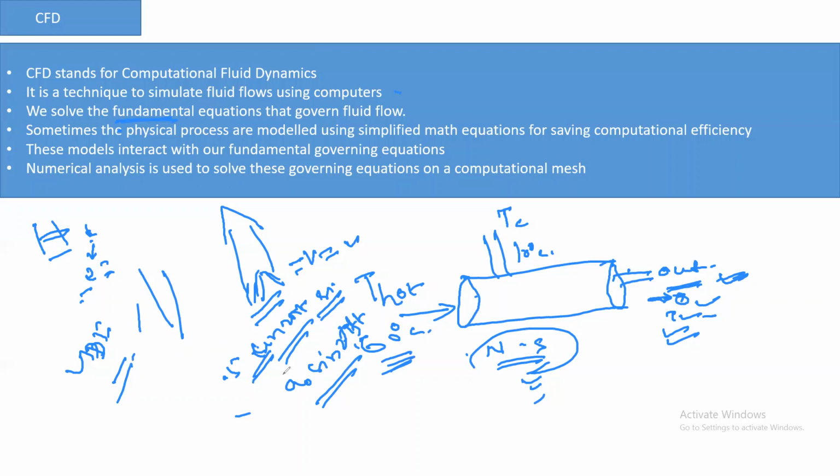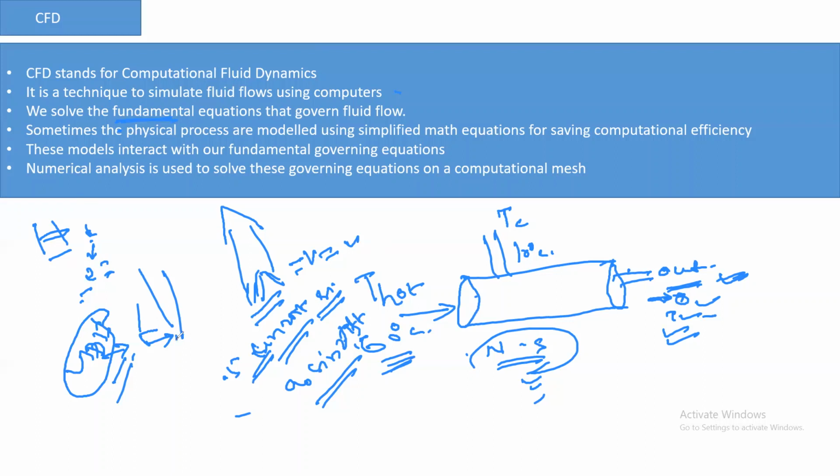Let us come back to this rocket problem. Essentially CFD, as I said, means simply solving the Navier-Stokes equation. That's all. When you are solving the Navier-Stokes equation, these models interact with our fundamental governing equations. As I said, you have to give the UDF, and this UDF will interact with the fundamental equations.